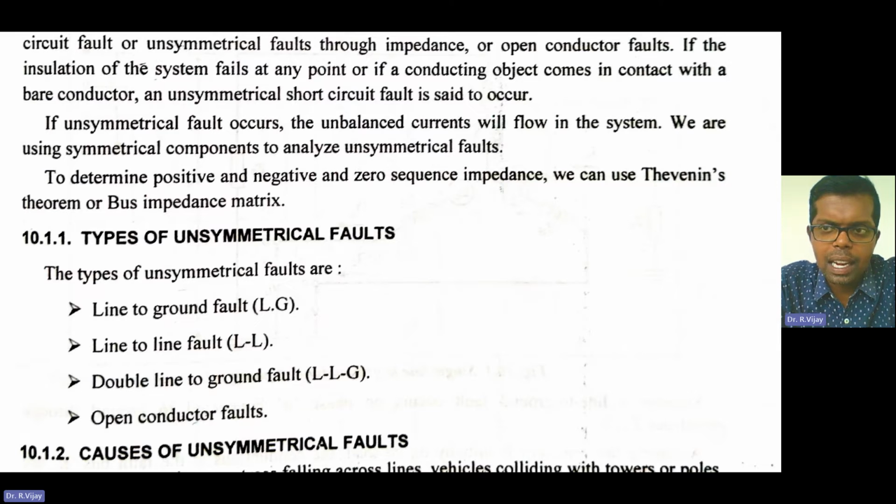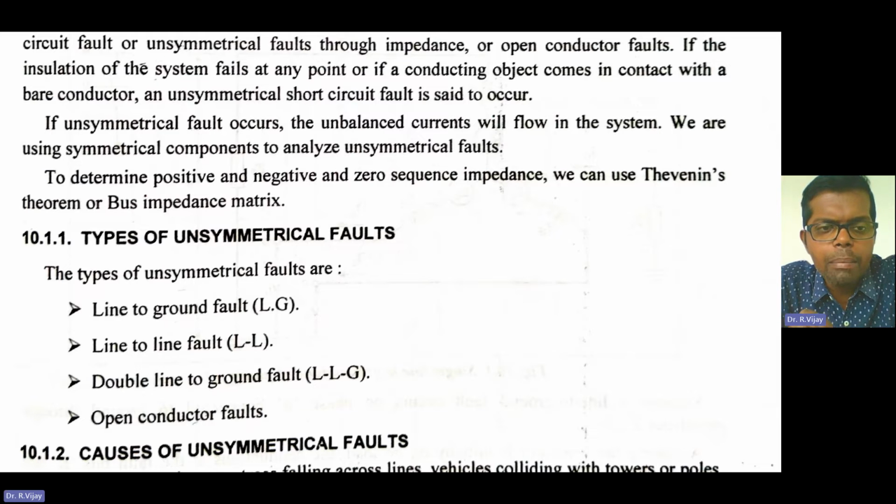We use symmetrical components to analyze unsymmetrical faults. Even though the fault is unsymmetrical, we consider the symmetrical components, which we have already seen in our previous classes.